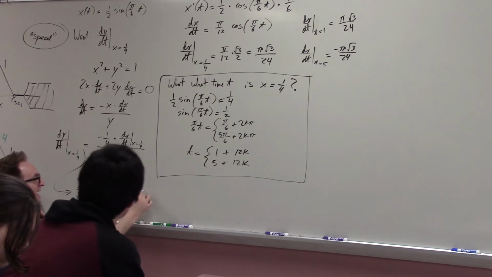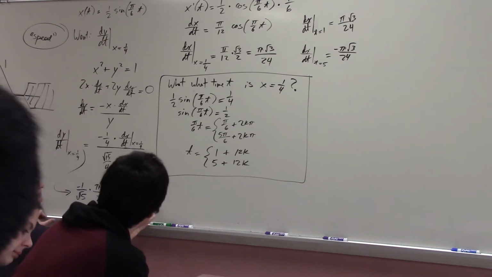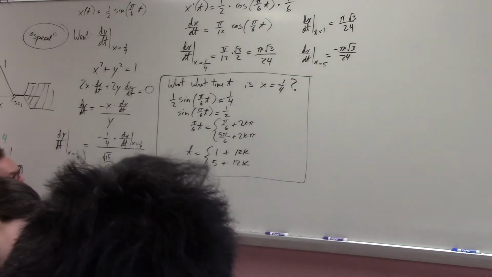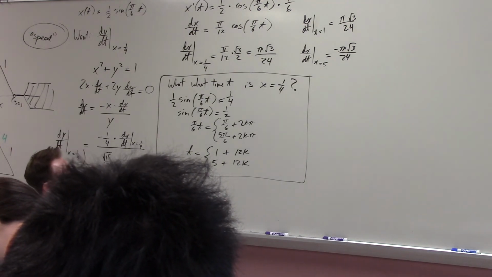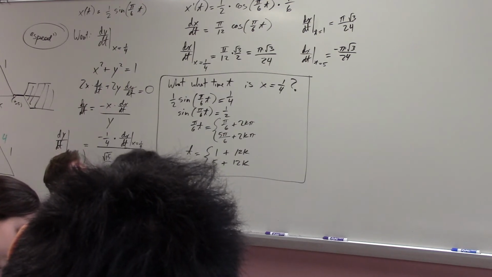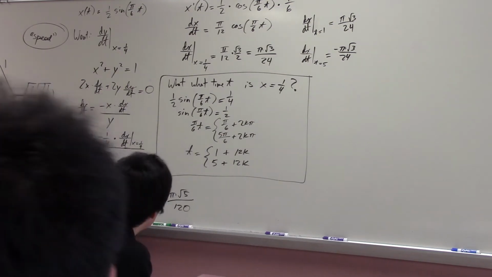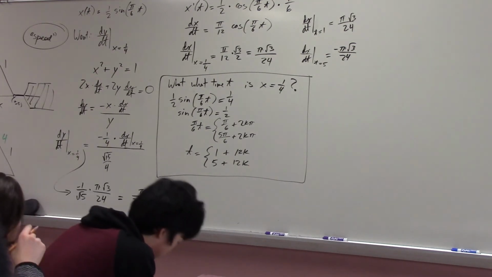So it's like pi over 24 root 5. And they told me last period that they rationalized in the book. So if you multiply that by root 5, it's pi root 5 over 120. And the units are meters per second.